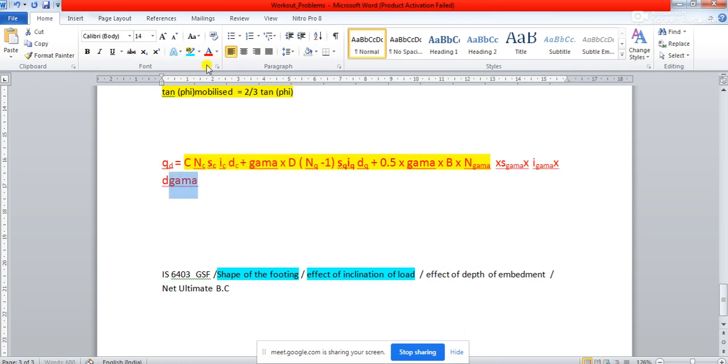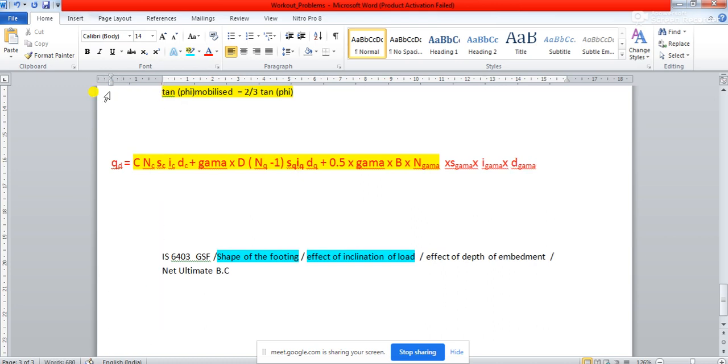So if you notice this equation, this is actually Terzaghi's equation only, just taken in a different form. Okay, and Terzaghi has introduced only these three factors, SC, SQ and S gamma. Instead, the Indian Standard Code has introduced another factors, which are nothing but this IC, IQ.